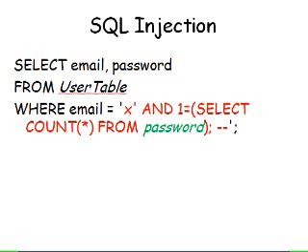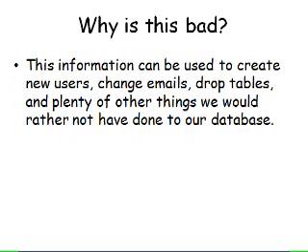This is just used to let us know whether or not password is a valid table. If this fails, we know that the password table isn't known. If this comes back with some integer, we know that there is a password table, and we can use this information to exploit that. We can use this to create new users, change emails, drop tables, and lots of other different things that probably the owner of the database doesn't want done.